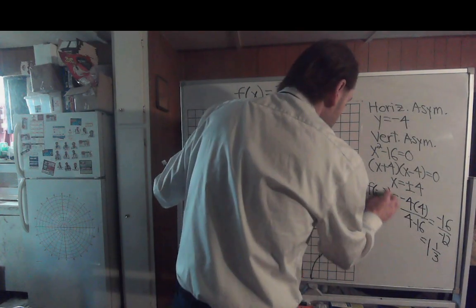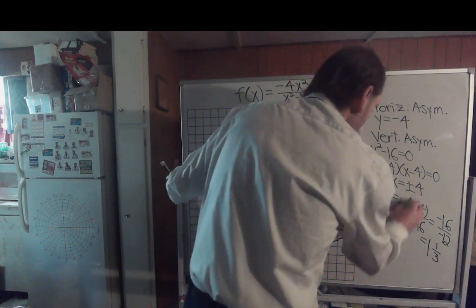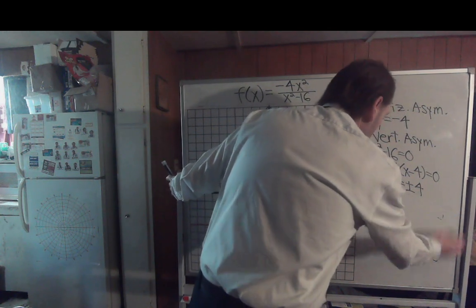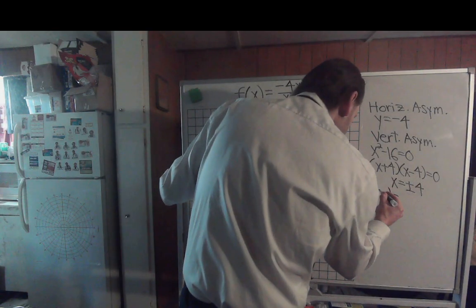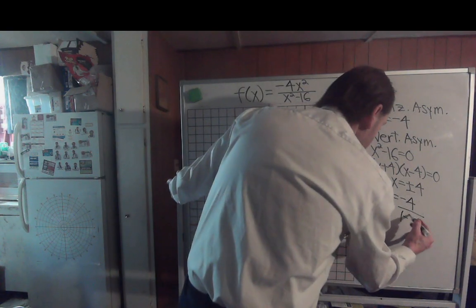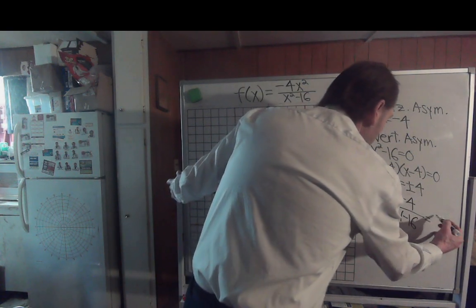And then let's do when we have 1, either plus or minus 1. So when x is either plus or minus 1, you would have negative 4 times 1, or simply negative 4 over 1 minus 16, which would end up giving you negative 4 over negative 15, or simply positive 4/15.